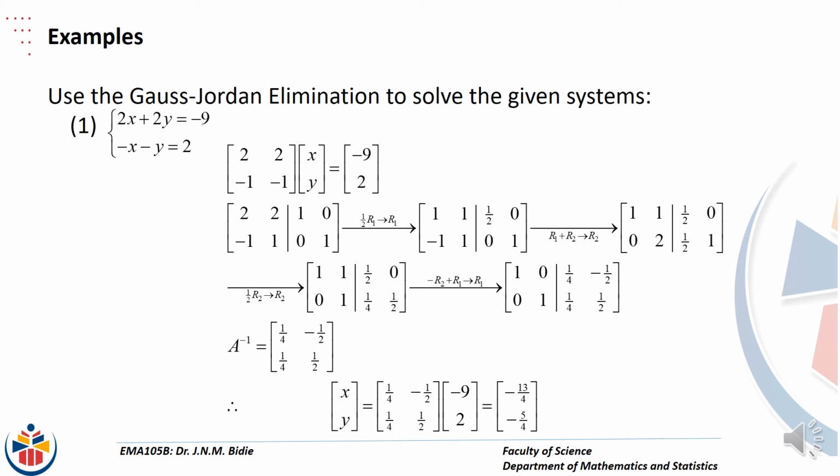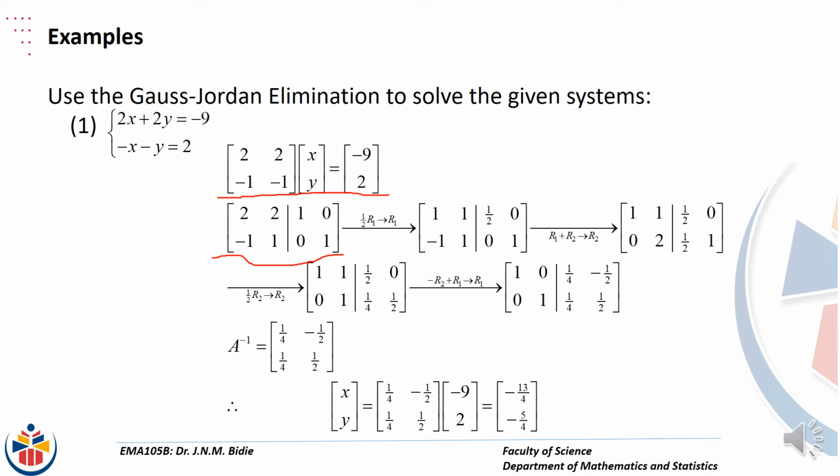First things first, write the given system in matrix form. The next step, write the augmented matrix. I'm hoping that you are following the steps. Matrix A is still here. The augmented matrix with an identity matrix is here.